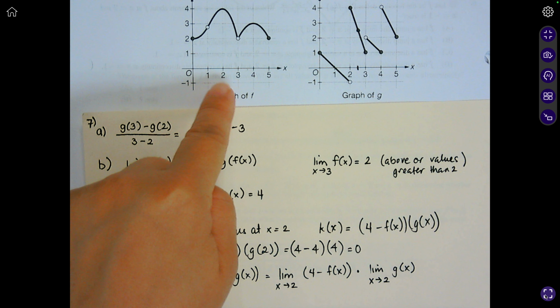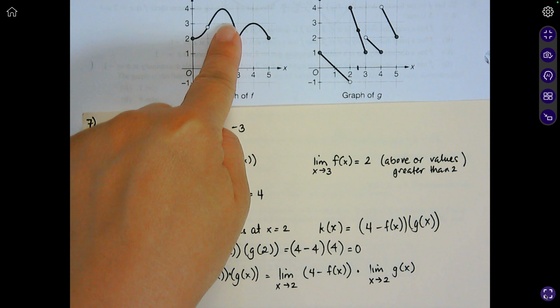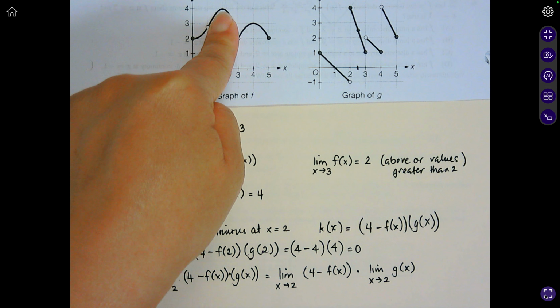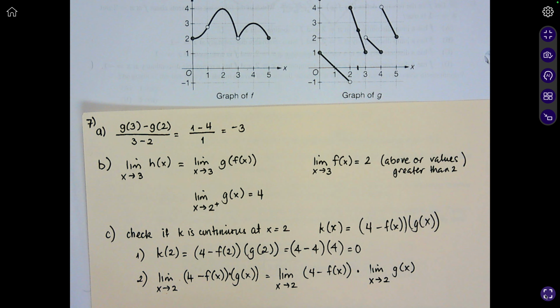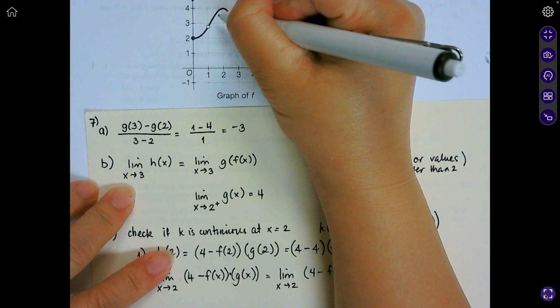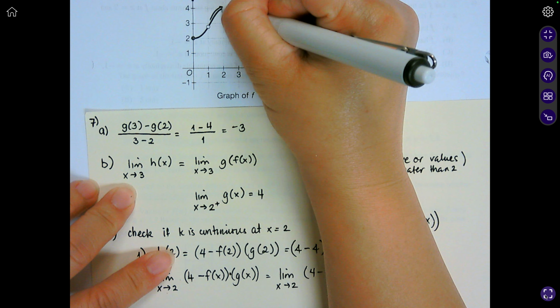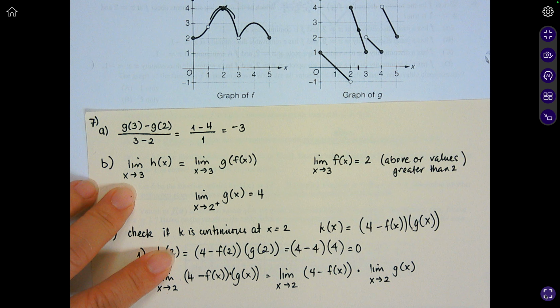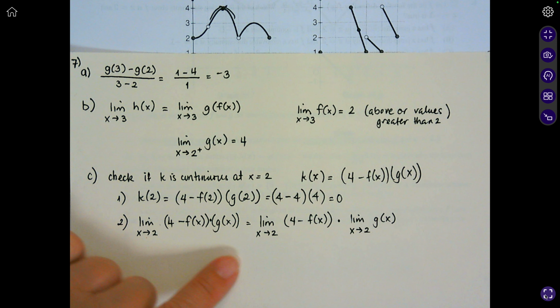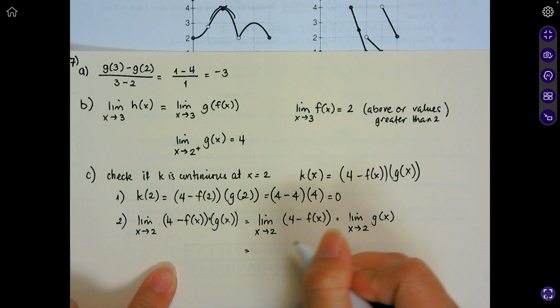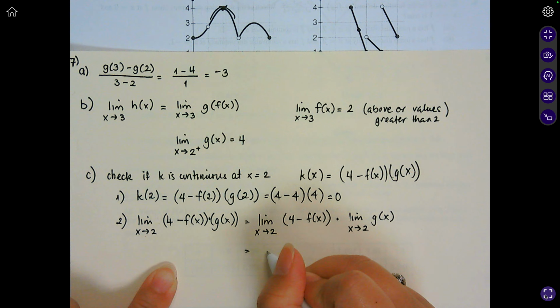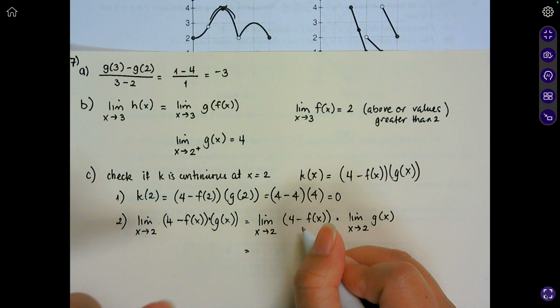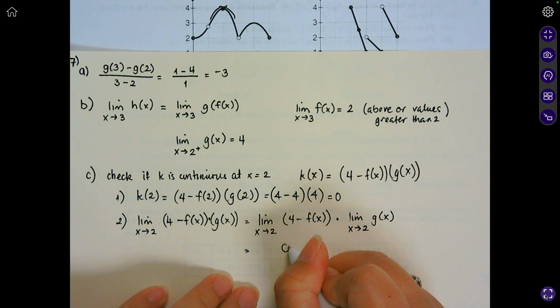As x approaches 2, the function is approaching 4. So from the left of 2 and from the right of 2, the function is approaching 4. The limit is the movement. So I got 4 minus 4, which is 0. Are we okay?